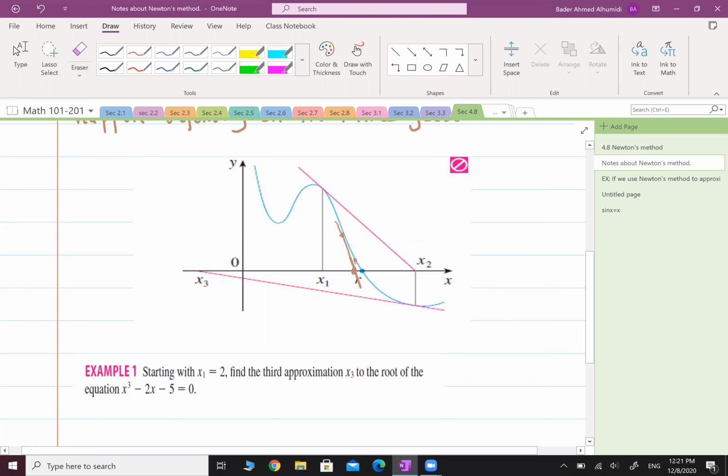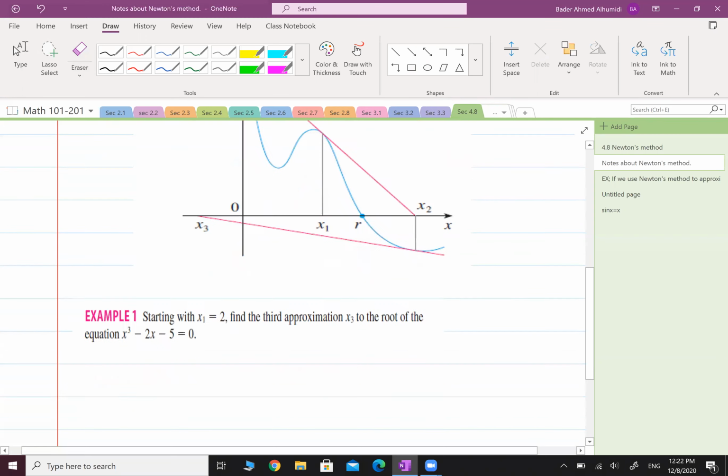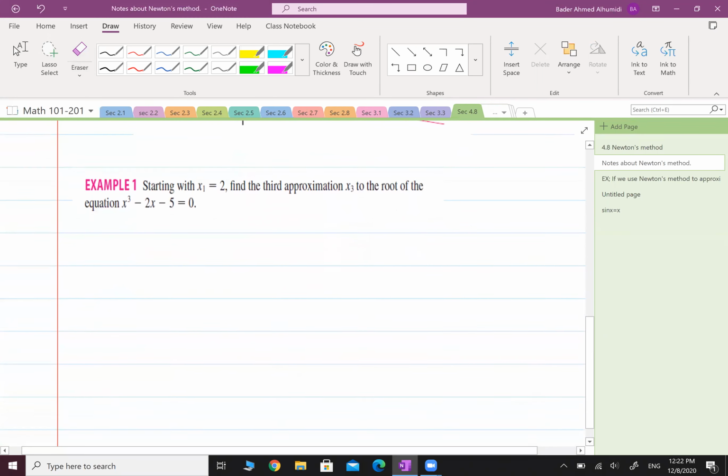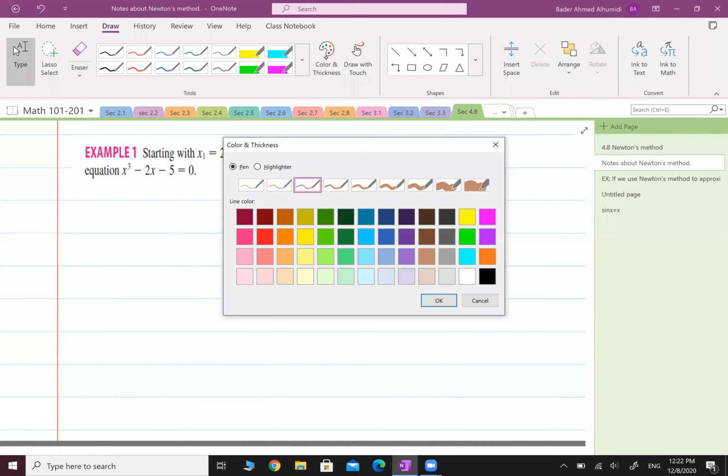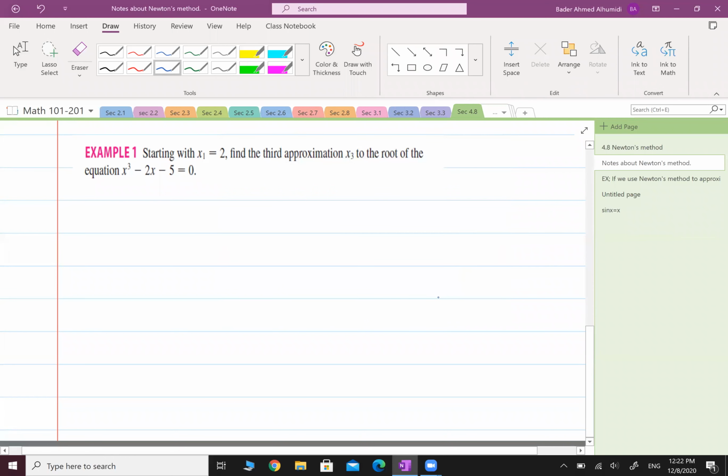When you go again, we come back, we are very close to the root. Although the choices of x1 here and here are very close, it will give a totally different answer. One of them is accurate and the other one is totally wrong. Now, what is required in the final exam for this method? The only thing, and this is a gift for you.